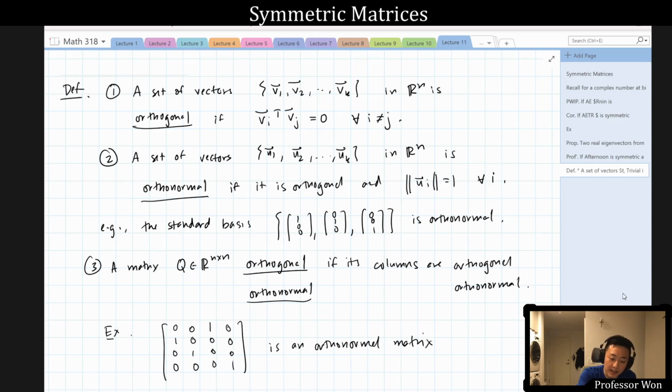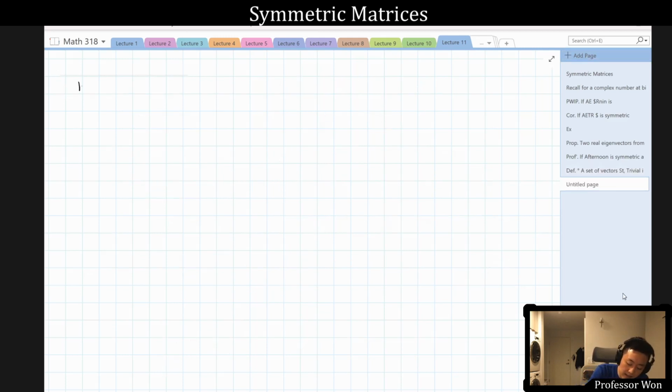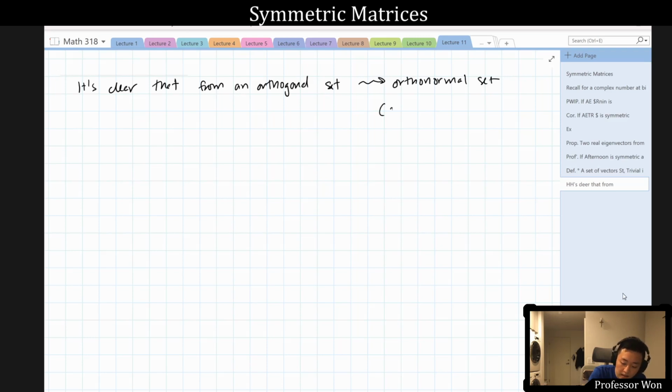Let me write this down. It's kind of clear that from an orthogonal set, we can easily get an orthonormal set. Just divide by the length. So like I said, orthonormal sets are special, but they're not that much more special than orthogonal sets.